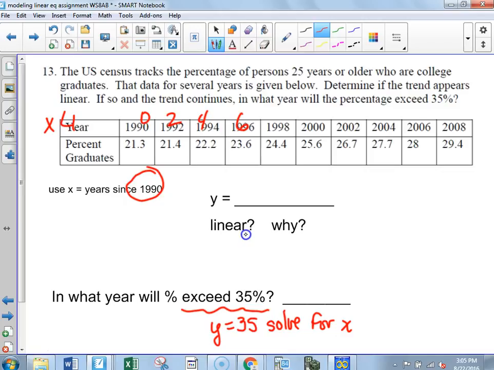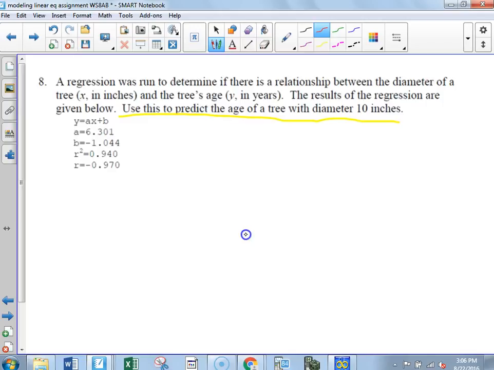Does somebody else have a question on anything on worksheets 8, 9, or 10? What's the answer on problem number 8 on here? Diameter of 10 inches, so that would be put in an x of 10. So we'd have y equals 6.301 x of 10.